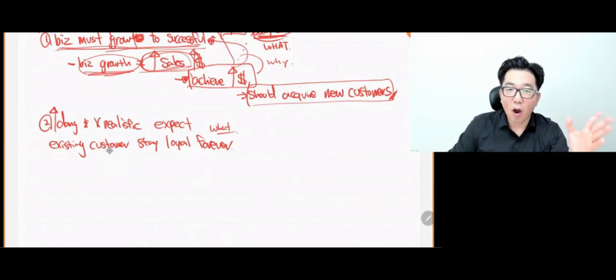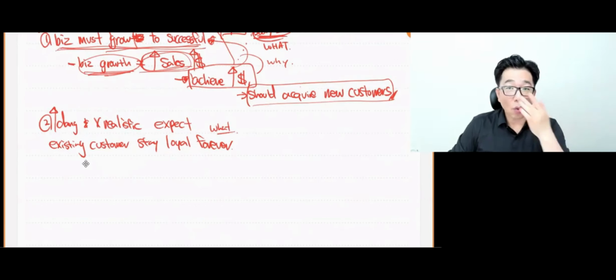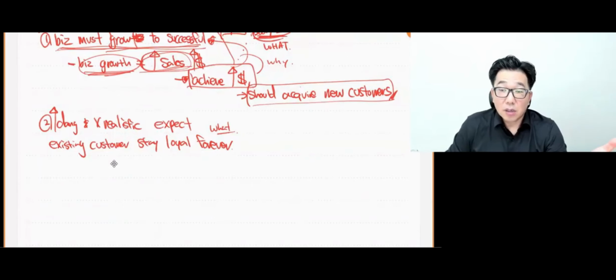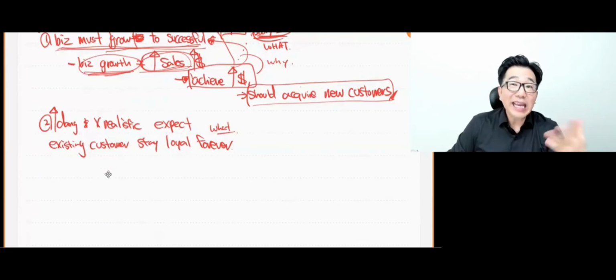No matter how well you serve them, no matter how good your product is or how great a service you give to your current customers, your customer could try out or leave you and buy from your competitors. It can happen. It's more likely to happen. Okay? Even for curiosity. Okay? Let me try this one.